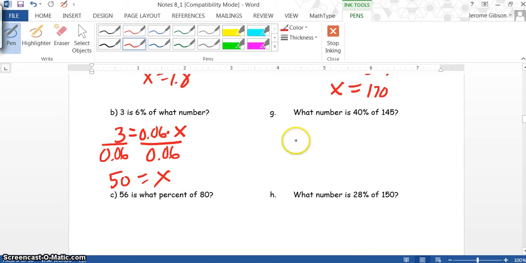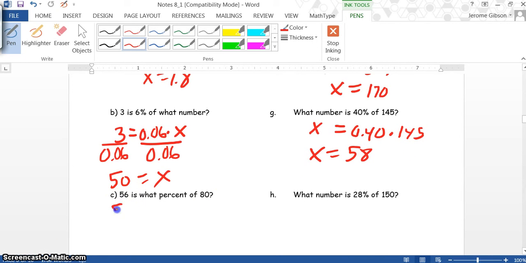Now we have what number, which is x, is means equal 40%, which is 0.40, of means multiplication, 145. So we will have x is equal to 0.40 times 145, 58.